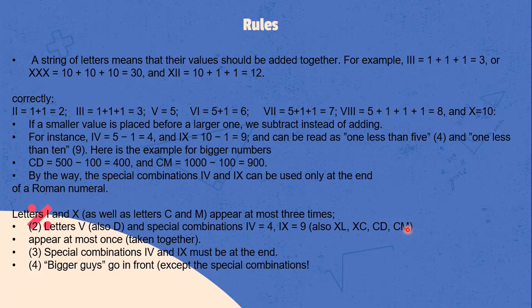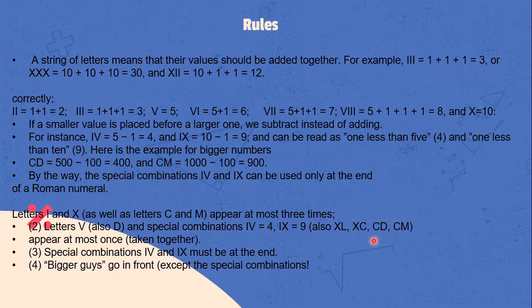By the way, the special combinations IV and IX can only be used at the end of a Roman numeral. Letters I and X, as well as letters C and M, appear at most 3 times. Letters V, L, and D appear at most once. The special combinations IV equals 4, IX equals 9, also XL, XC, CD, CM appear at most once, taken together.